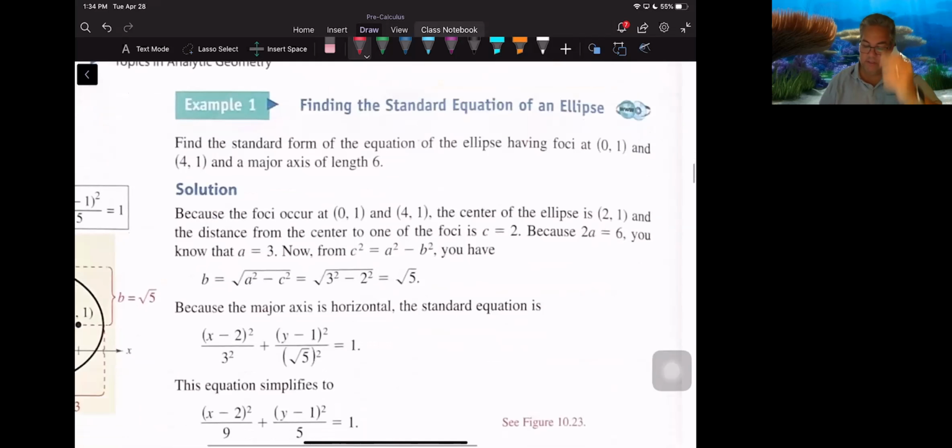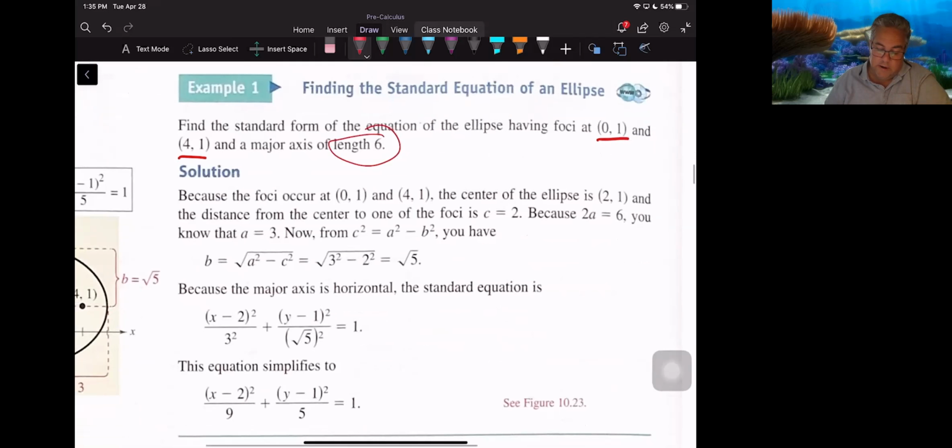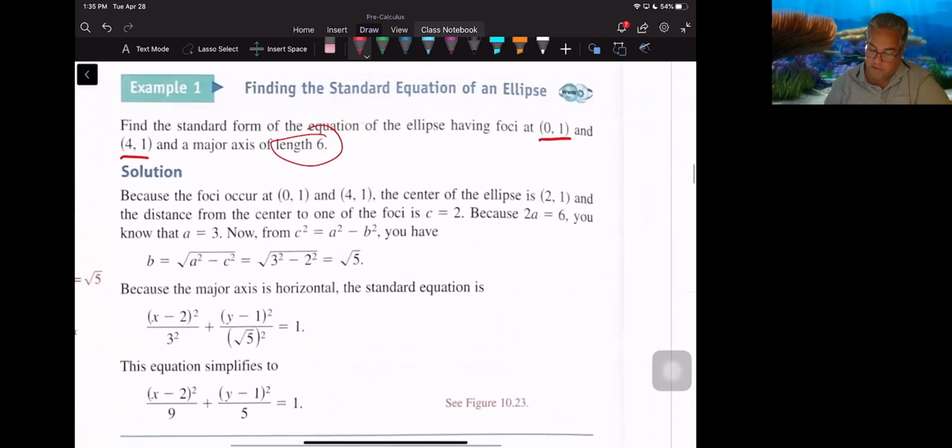Okay, so let's look at this example here. They say find the standard equation of an ellipse, and they tell you what the foci are at. There's always two foci in an ellipse. They are 0, 1 and 4, 1, and they tell you the major axis length is 6. So if you were to plot some of these points, now they already have the picture right here, but let's pretend we didn't have a picture.